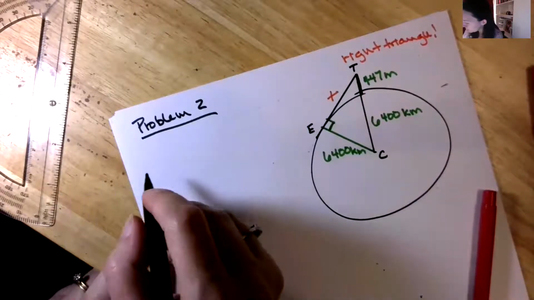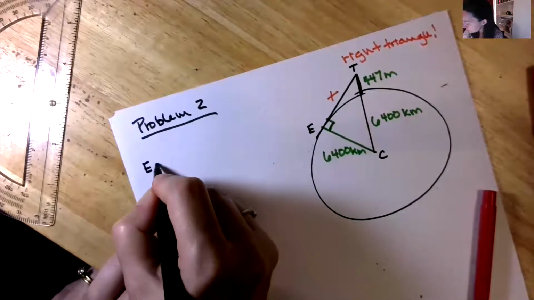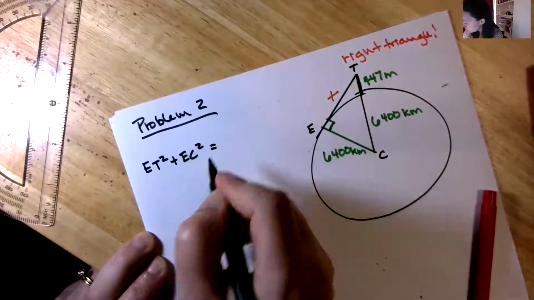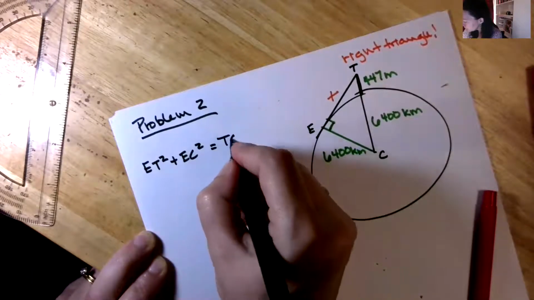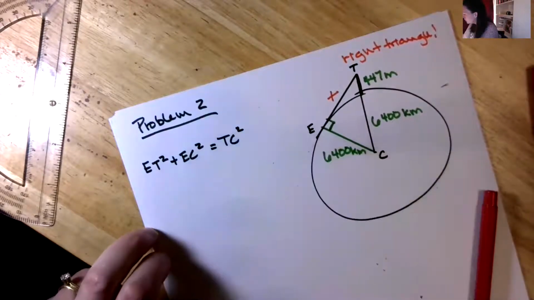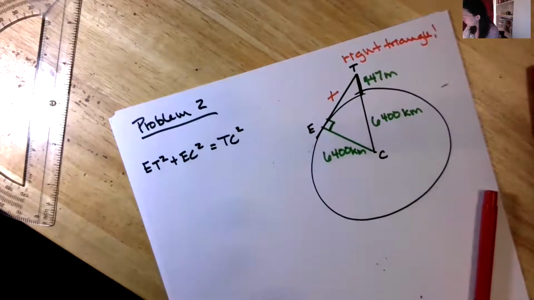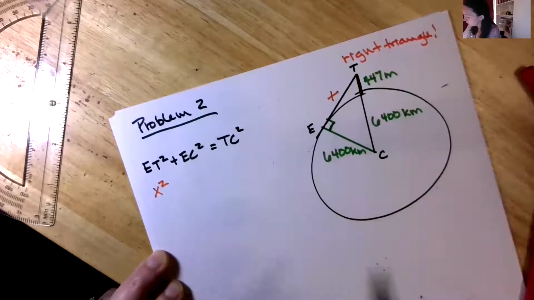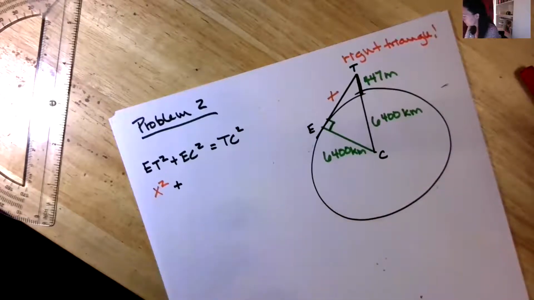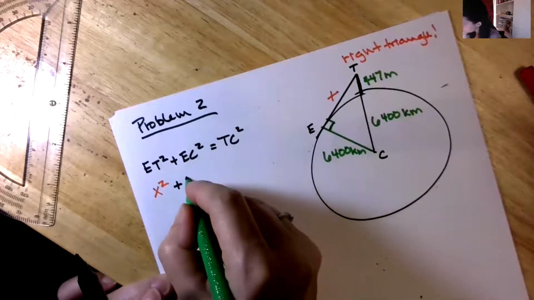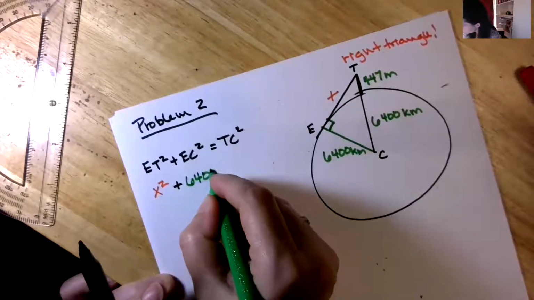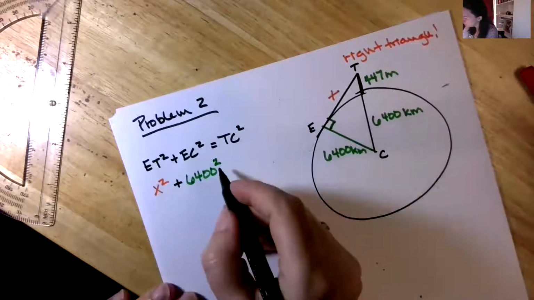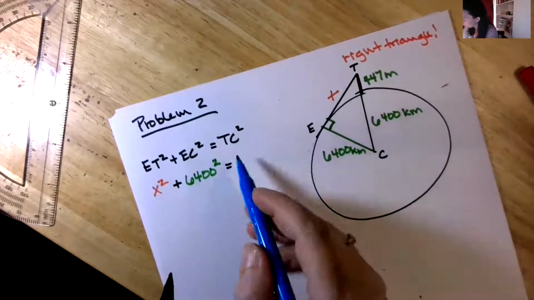Well, we know that ET squared plus EC squared has to be equal to TC squared. Okay, so ET is X, so X squared plus EC. EC is 6,400 squared, okay, equals, all right, how am I going to find TC?